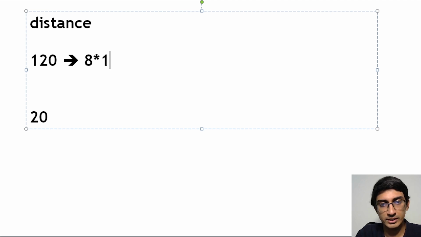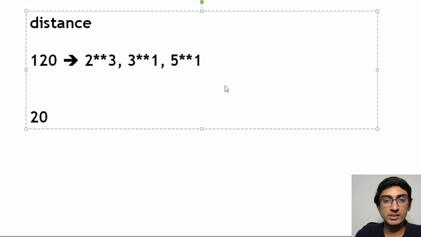So I was correct there. It's 8 into 15, which is basically 2 cube into 3 raised to 1 into 5 raised to 1. So the prime factors are 2 cube into 3 into 5. So 8 into 3 is 24, 24 into 5 is 120, right?